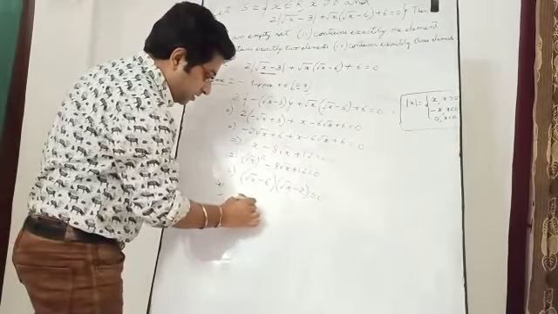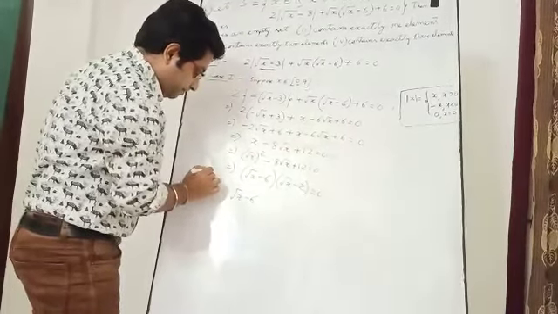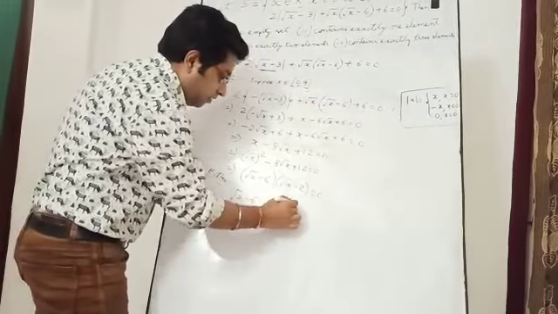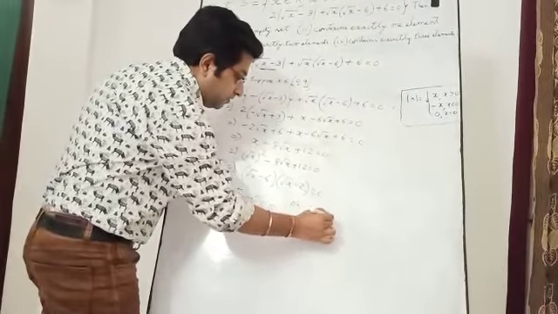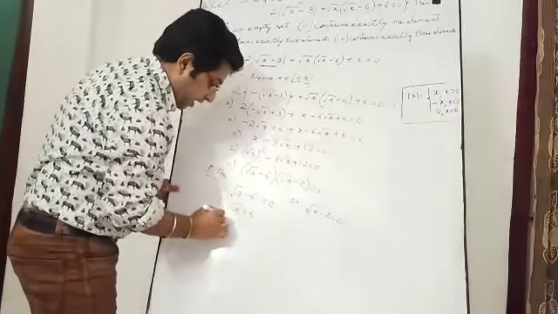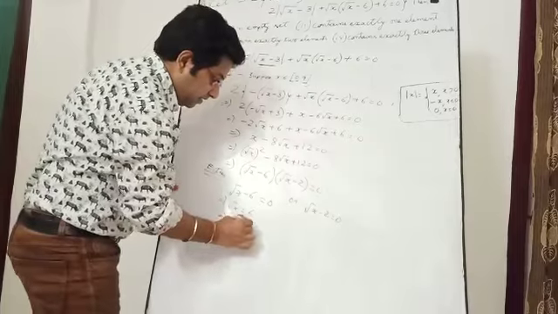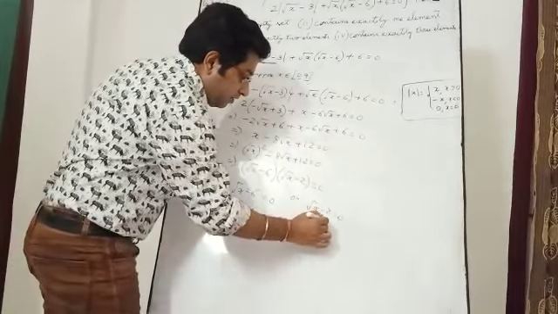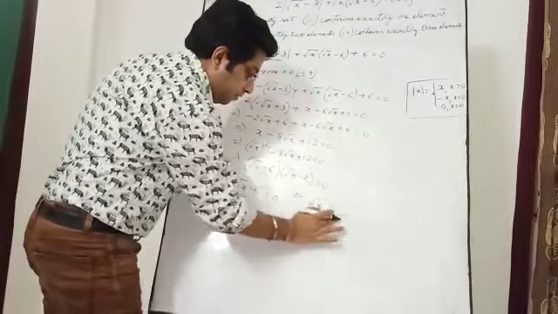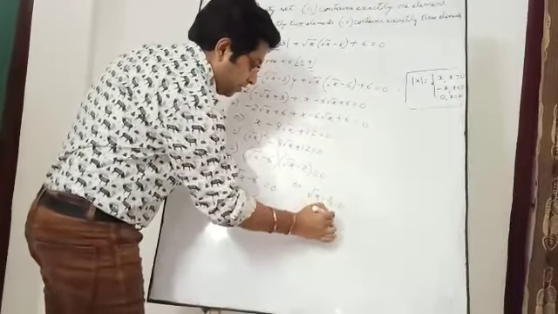Either root x minus 6 equal to 0 or root x minus 2 equal to 0. So here you got root x equal to 6, so x equal to 36. And here root x equal to 2, so x equal to 2 square, x equal to 4.